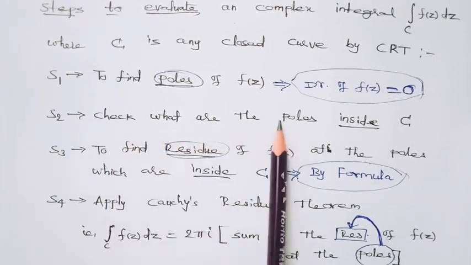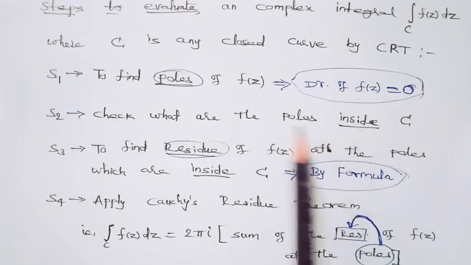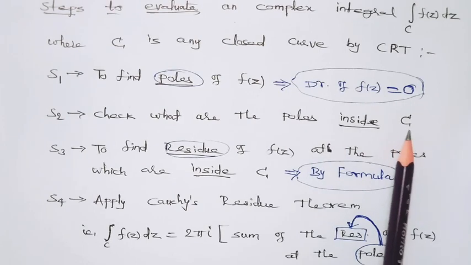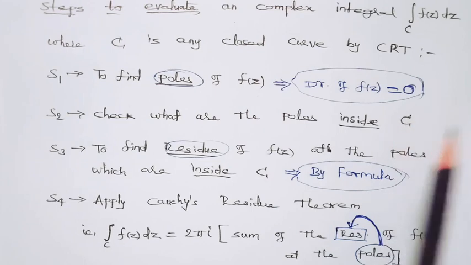Step number 2: check what poles are inside C. You need to check which poles are inside the given C. Most of the time C is a circle, sometimes it may be some other shape, but it must be a closed curve.